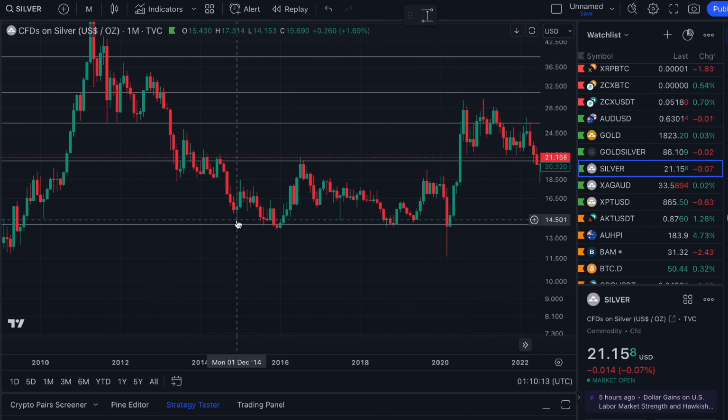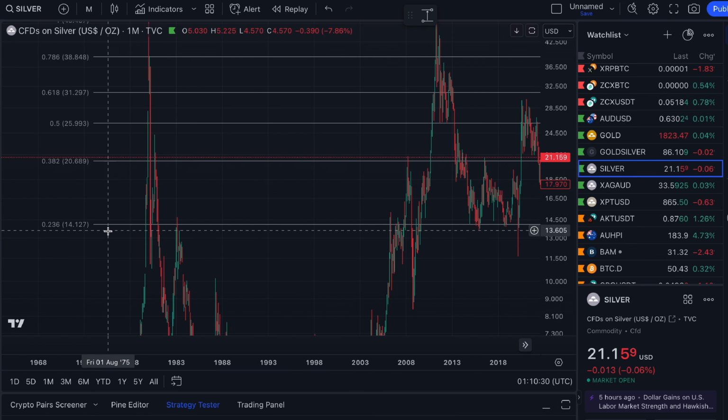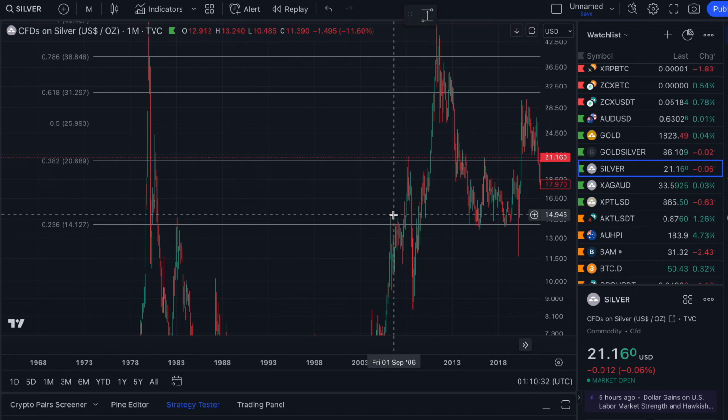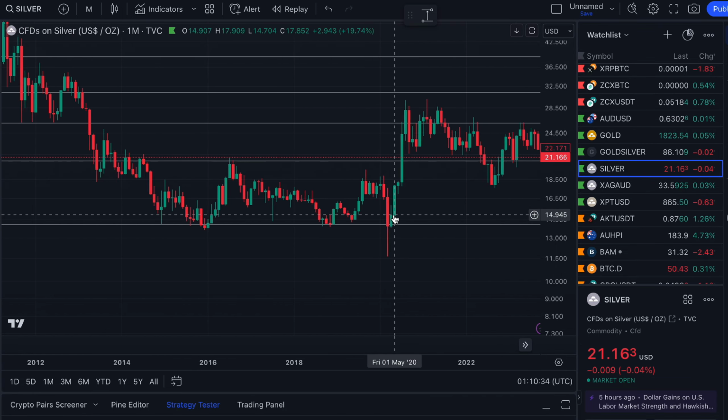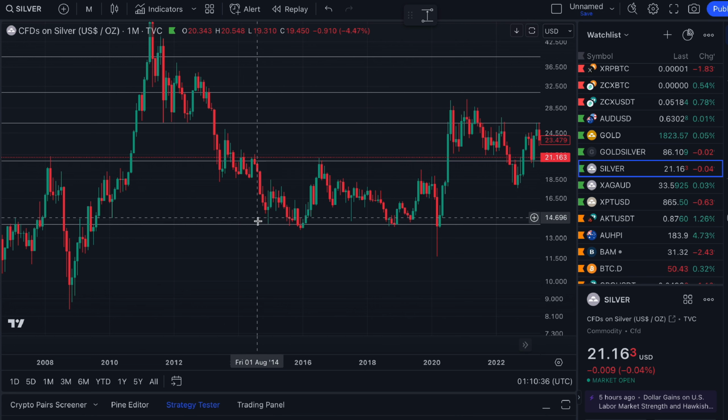This was a green month in December of 2014, but we had a quick wick down to bang on. Look at that, $14. That closed at the low, sorry, $14.15. And what's this? That's $14.13. So a couple of cents off is just amazing in my opinion right here.